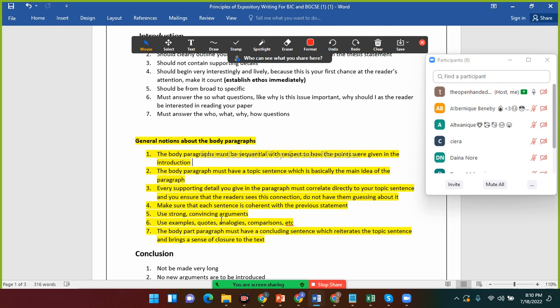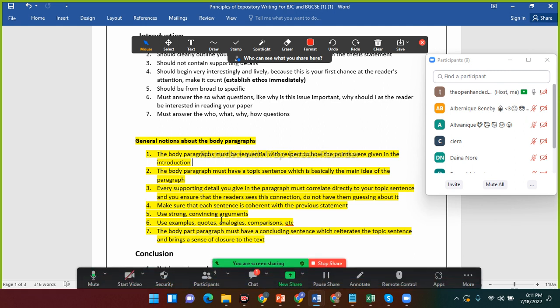Okay? And then I want Sierra, can you read number 2 for me, please? Okay. The body paragraph must have a topic sentence, which is basically the main idea of the paragraph. Excellent. So for your body paragraph, you must have a topic sentence. And when I was reading some of you all's essays, your body paragraphs did not have a sensible topic sentence.